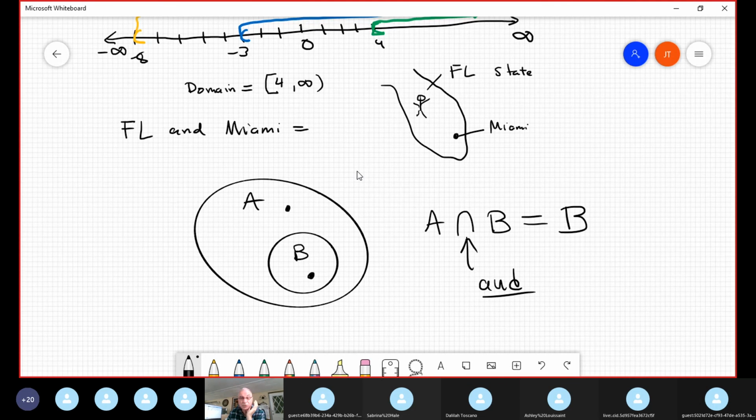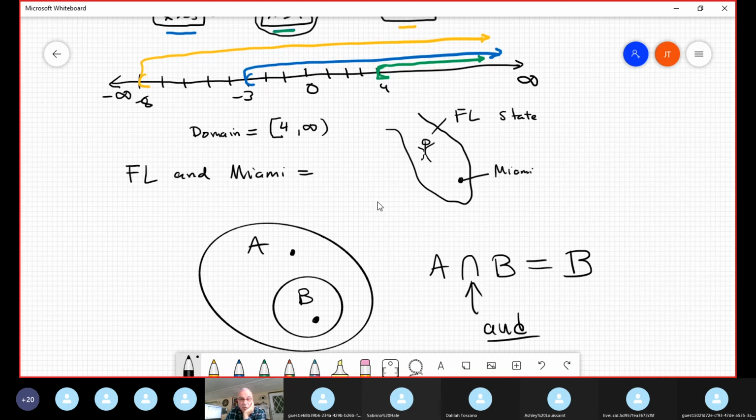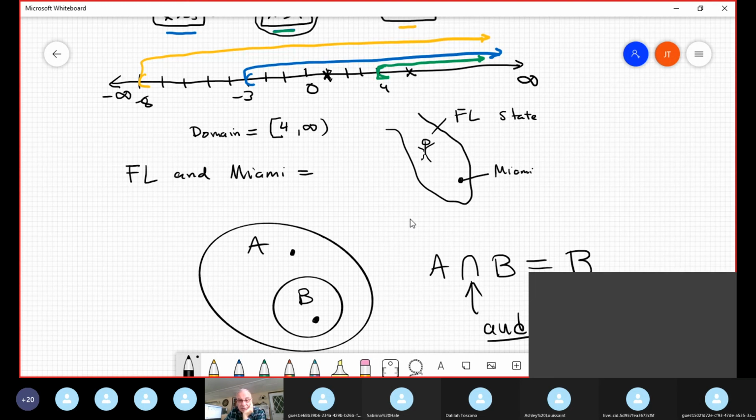So the intersection is the common part. It's so obvious. Come back again to the original problem. Everyone inside the green interval belongs to the blue and belongs to the yellow. However, one element here belongs to the blue but does not belong to the green, so it is not a common element. More clear now? Yes. Okay, stay with me.